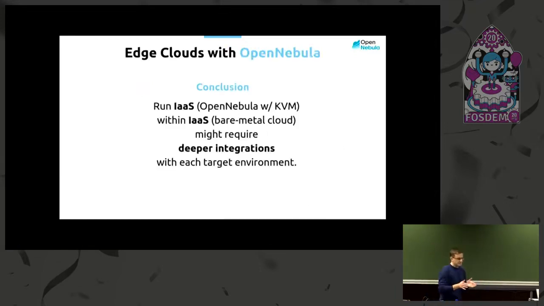The conclusion from this part is simple. If you take some existing infrastructure as a service framework and try to run it within different or maybe the same infrastructure as a service, you can expect the things to work without problems.